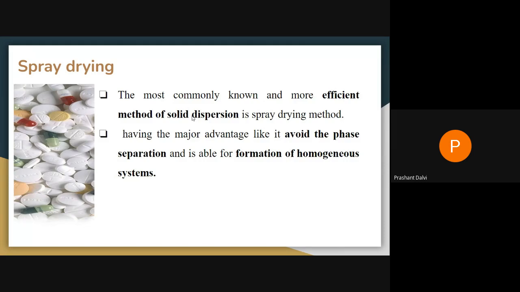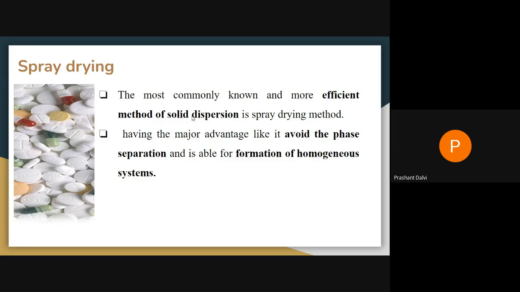Why? Because it avoids phase separation, and it is able to form a homogeneous system. No doubt it is a solvent-based system, so there are certain limitations. After the formation of the spray dried product, there may be chances that some residual solvent is present in the final product.